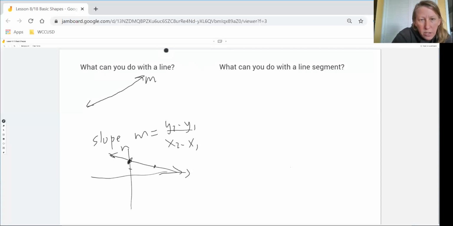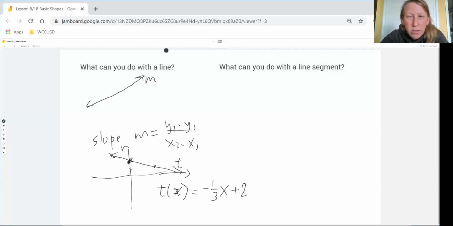So the equation of this line, maybe we'll call it t, t of x would be negative 1/3 x for the slope, and then plus 2 for the y-intercept. So those are some things we did with lines in algebra.